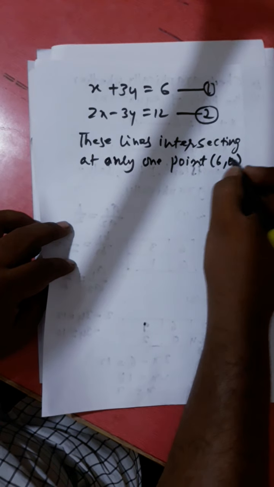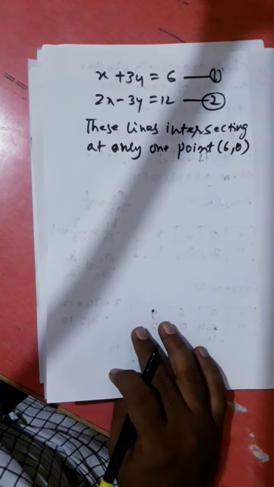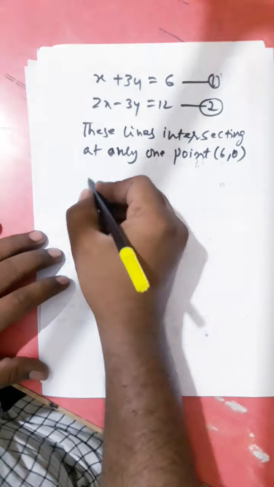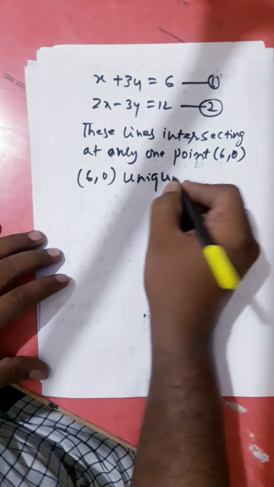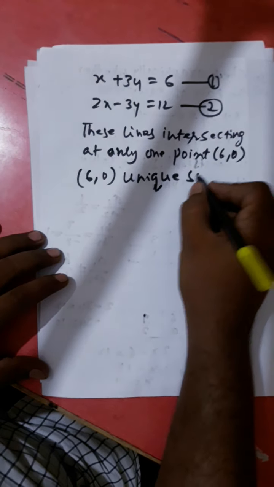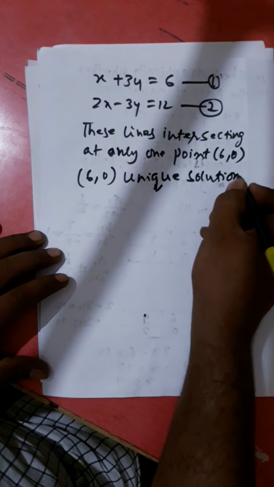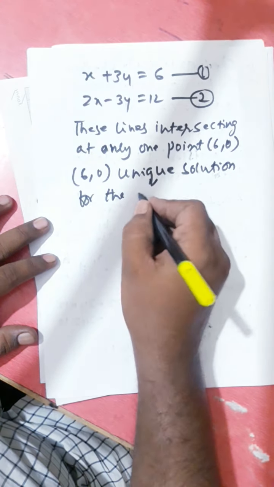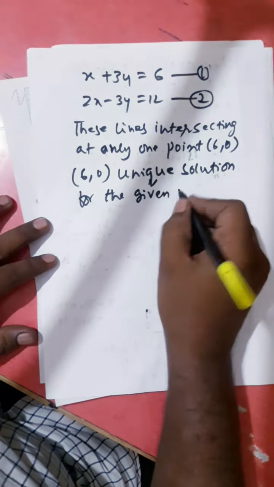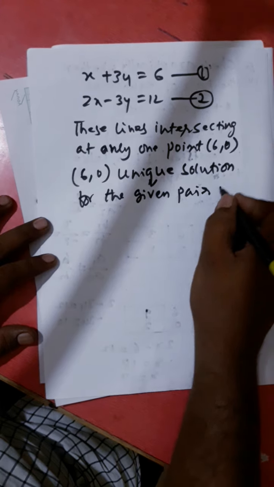Intersecting at only one point means that 6 comma 0 is the only one solution, which is called a unique solution for the given pair of equations.